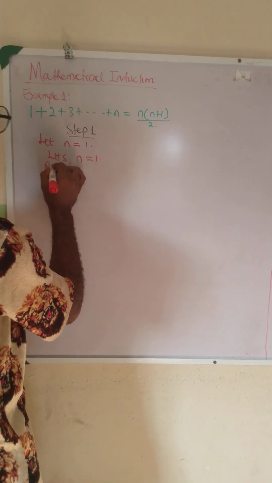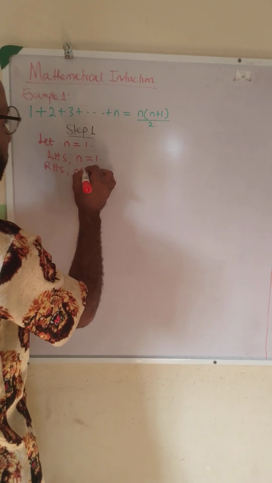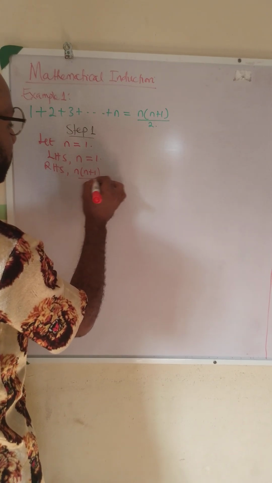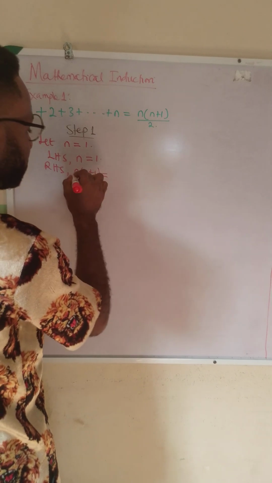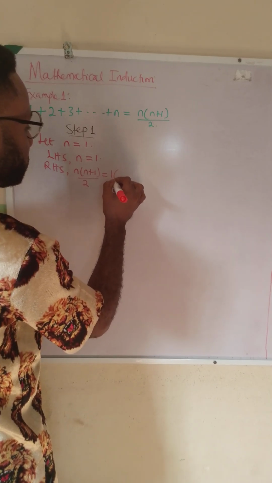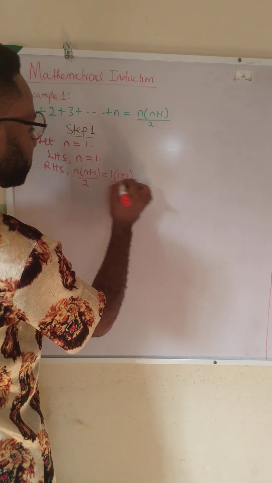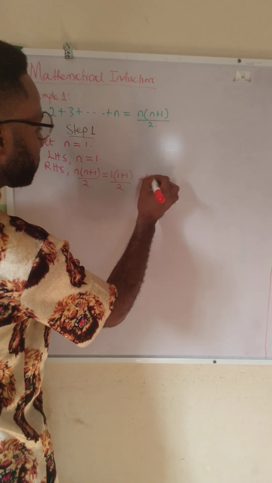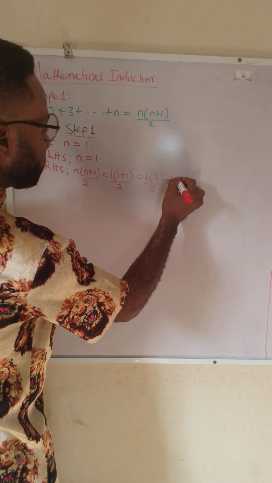And for the right hand side, what we have is n into n plus 1 all over 2. Since n is equal to 1, we have 1 into 1 plus 1, divided by 2. This will be 1 into 2 divided by 2, which is equal to 1.